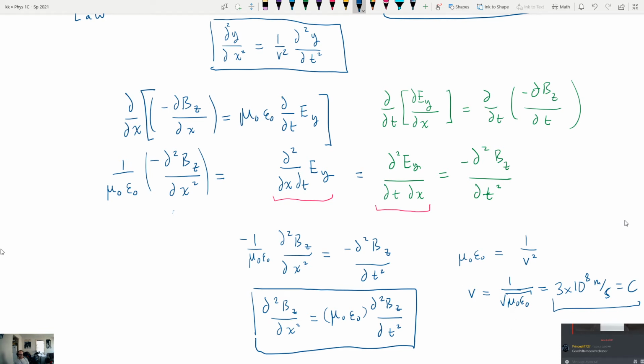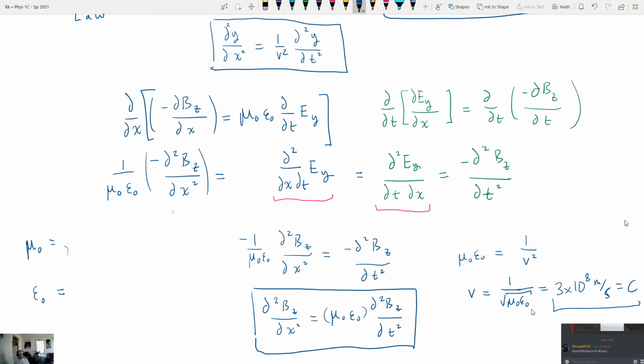It's a good idea at this point to talk about what these quantities represent. So mu naught is basically the resistance of space to setting up magnetic fields, and epsilon naught is basically the resistance of free space to setting up electric fields. So it's kind of like, how hard is it to produce a magnetic or an electric field in space? That's what these things represent.